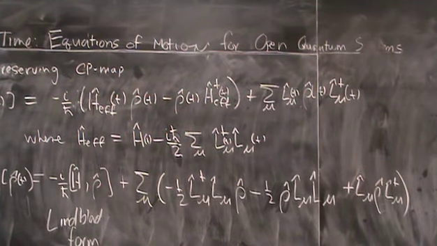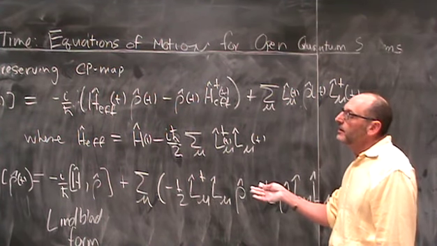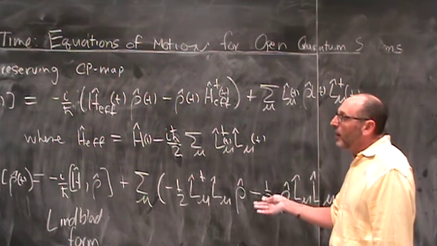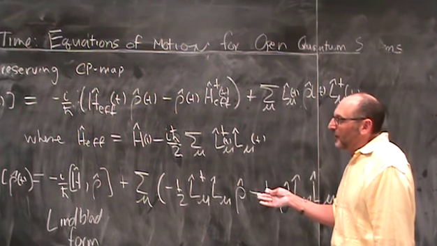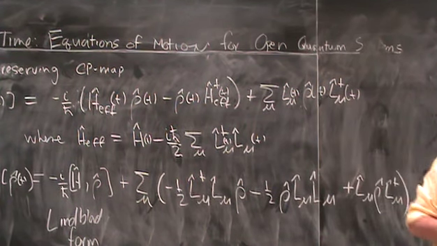Okay? Try that, it's easy. This is the unique form of the equation which is Markov and generates a CP map. Okay.